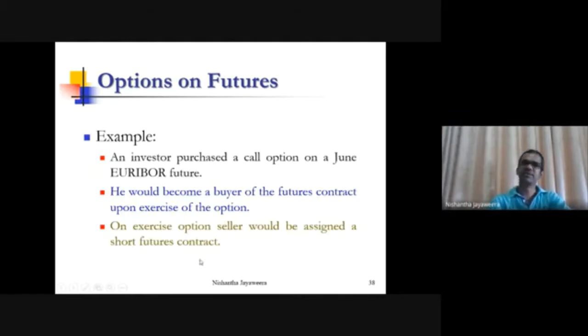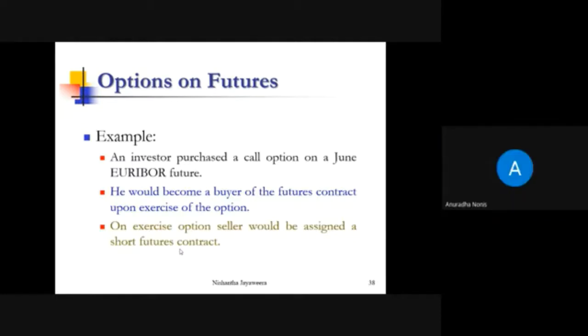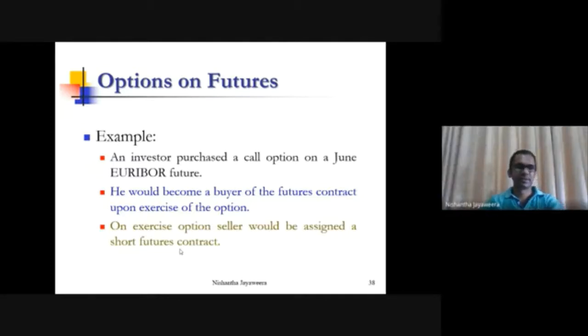Therefore, the seller of the option contract will be assigned a short futures contract, while the buyer of the option will be assigned a long futures contract. Okay, got it, sir. Thank you.